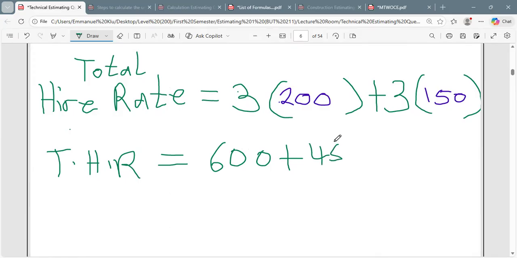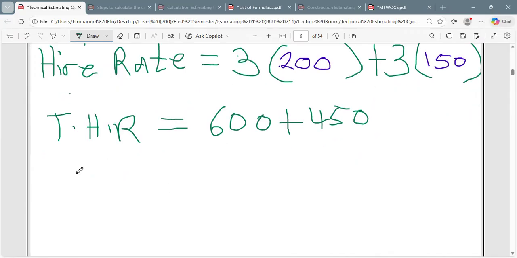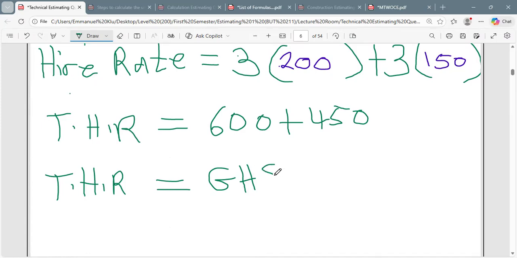Finally, you realize that our total hire rate per gang day is going to be equal to 1050 cedis.